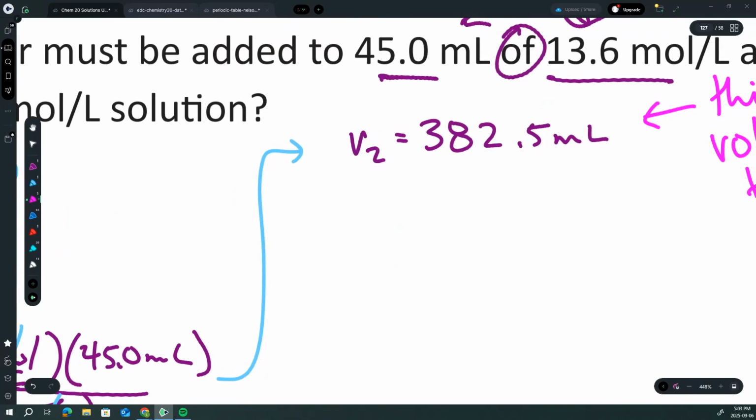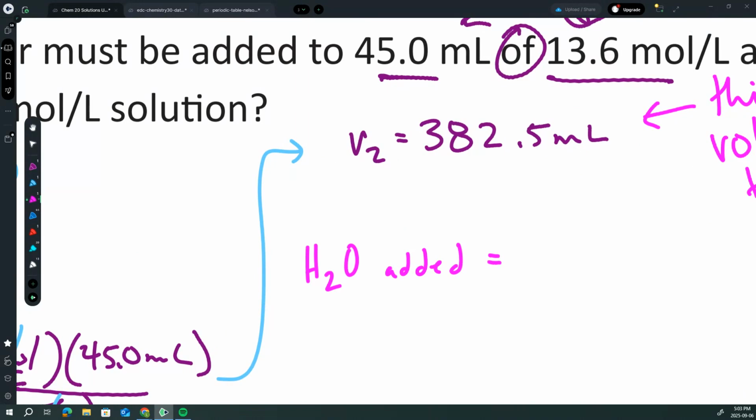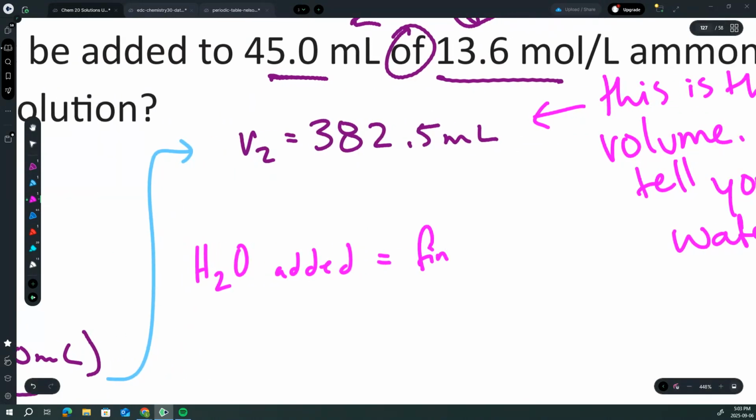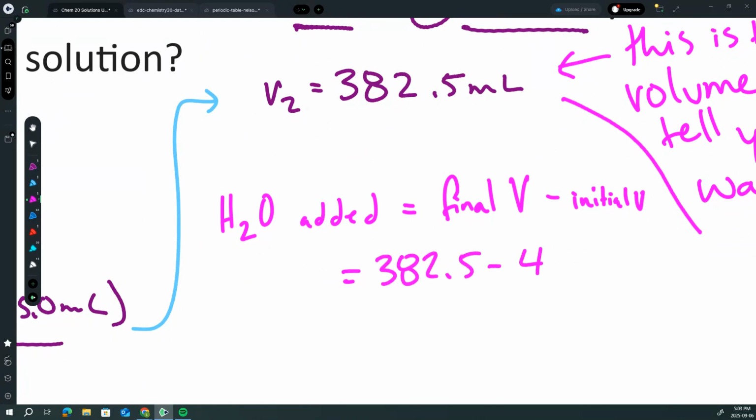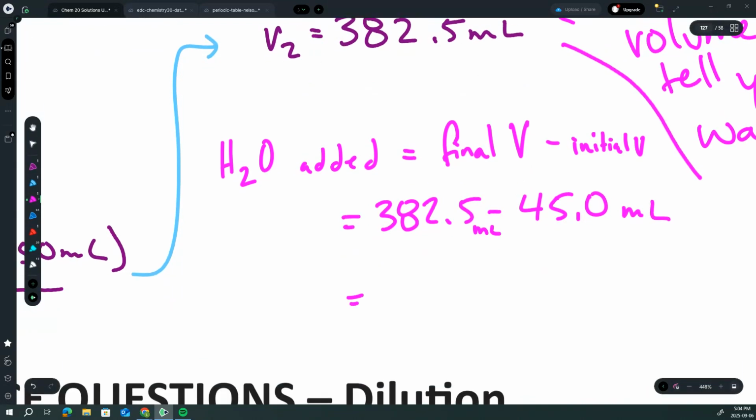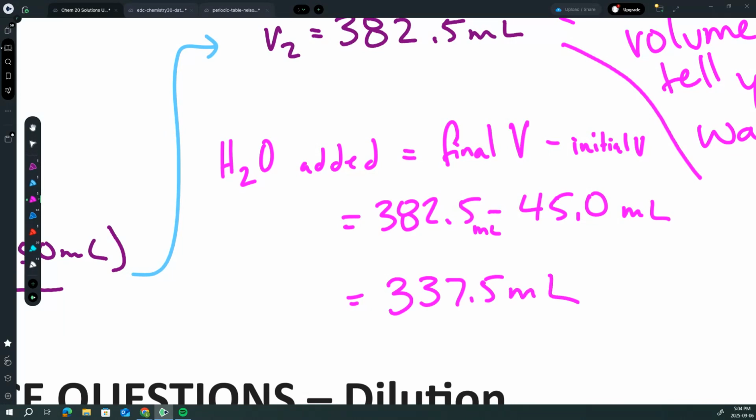So water added is equal to final volume minus initial volume. Final volume, 382.5 minus 45, and both of these are in milliliters. If we subtract those two, we are going to get 337.5 milliliters.